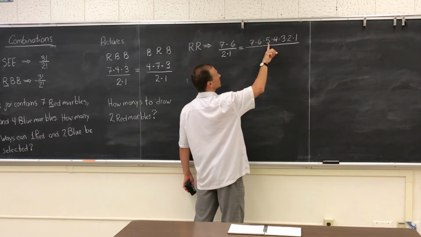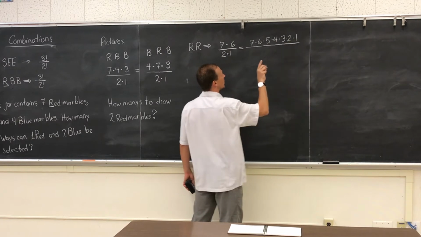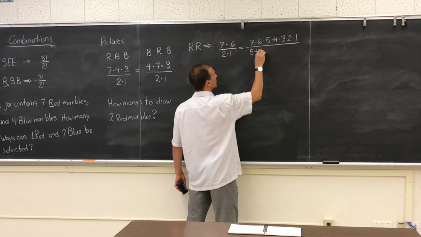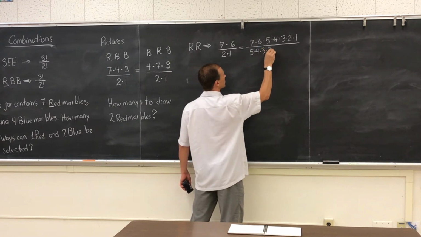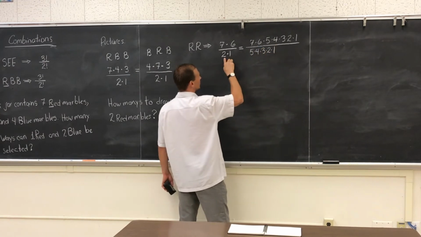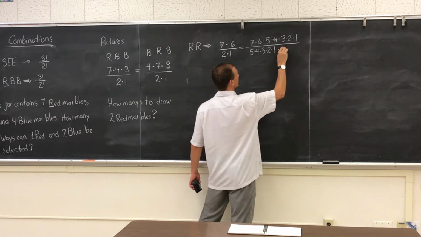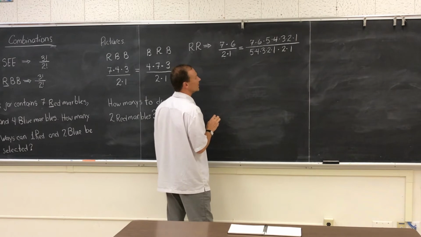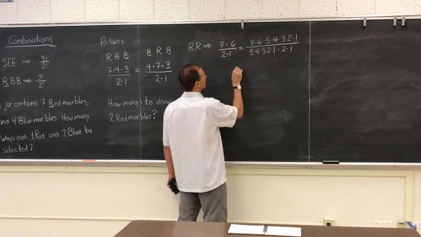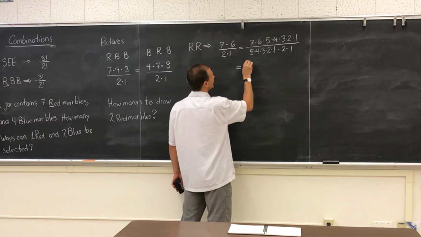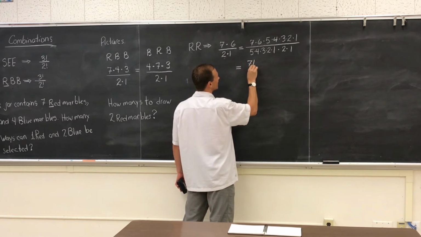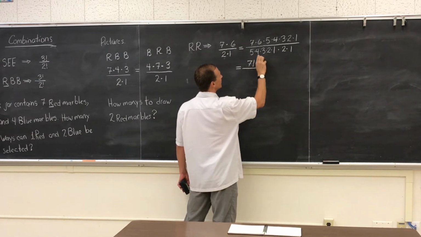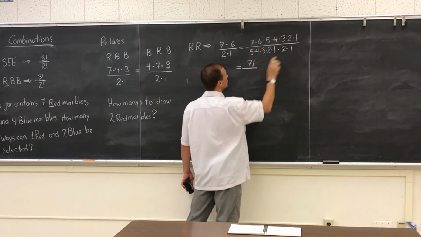So if we put the 5, 4, 3, 2, 1 product there, we could also put it in the denominator: 4, 3, 2, 1, and we can't forget our 2 times 1. Now this is beginning to look good, because in the numerator I have 7 factorial, and in the denominator I have 5 factorial times 2 factorial.